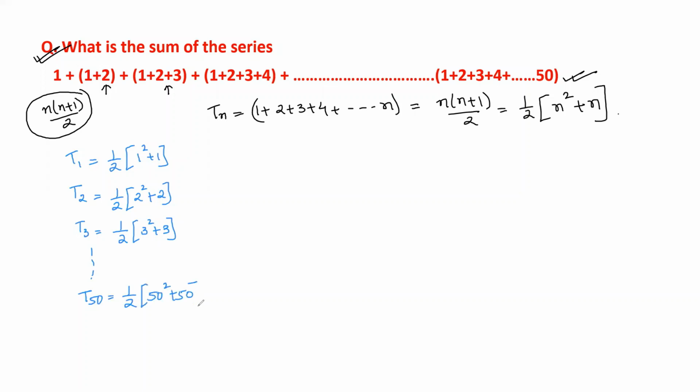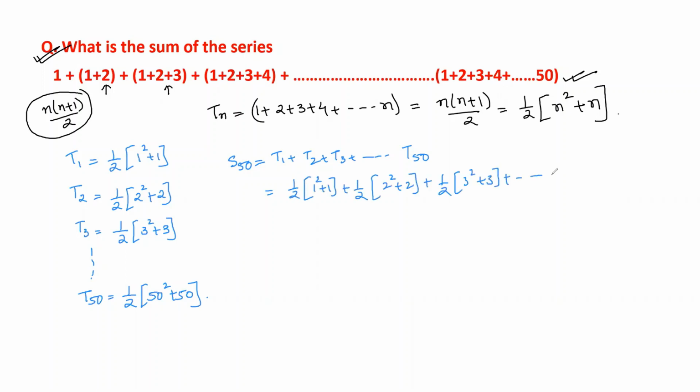Now, if we add all these terms, T1 plus T2 plus T3 till T50, we would be getting the sum of this series till the 50th term, which would be S50. So this would be 1 by 2 times of 1 square plus 1, and so on till 1 by 2 times of 50 square plus 50.